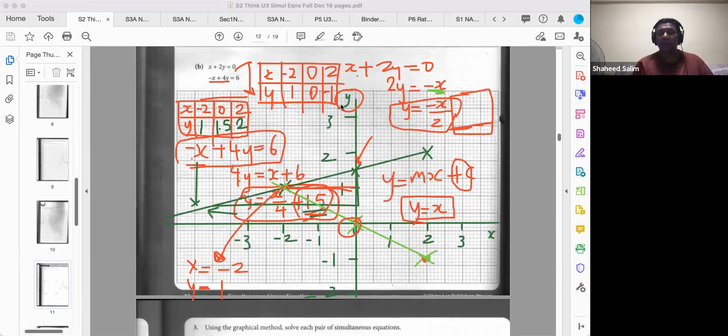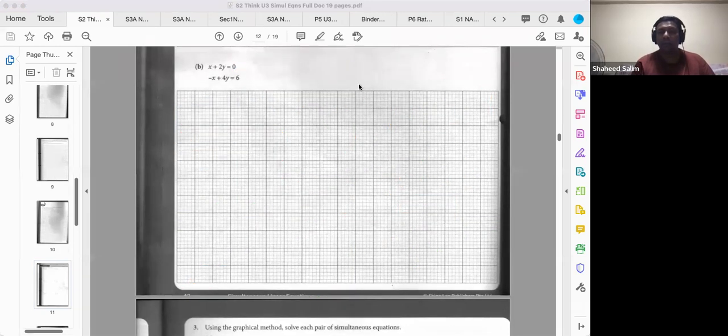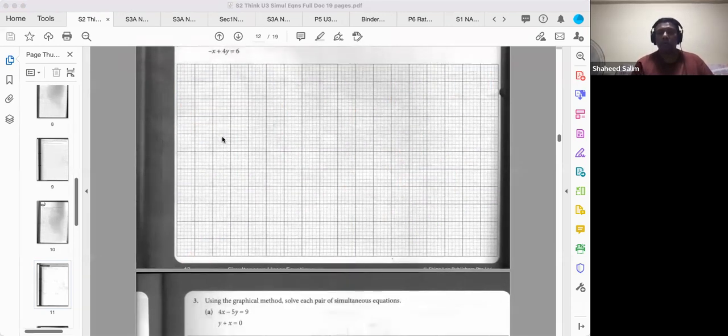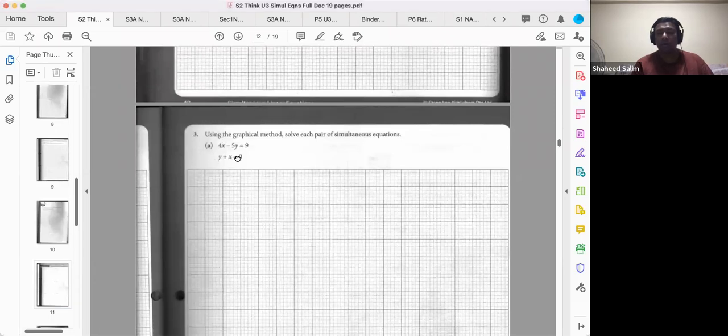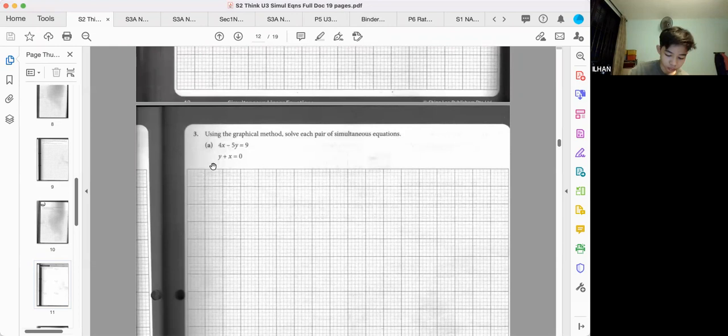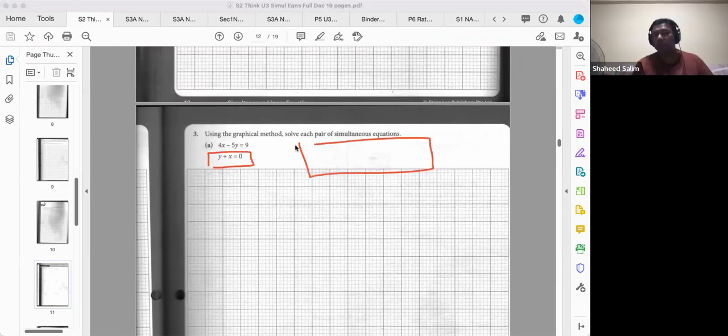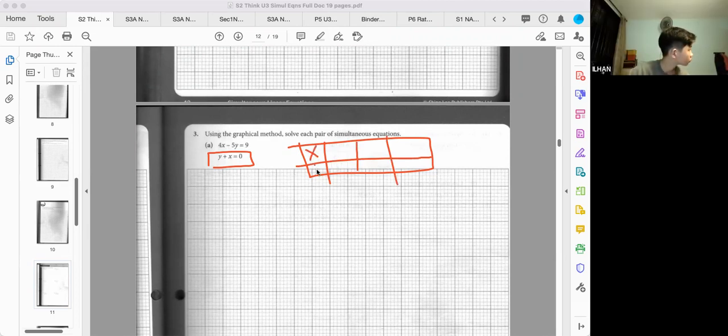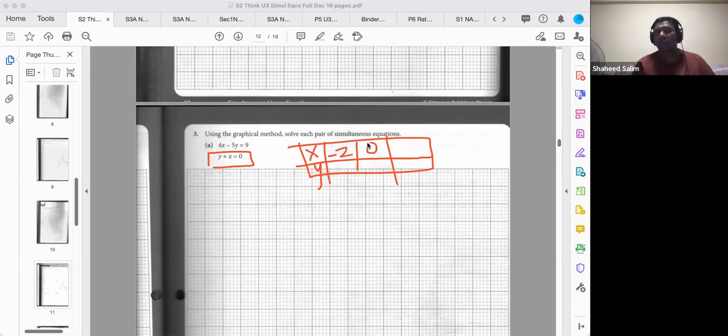Can you write this one here? What are the coordinates? You do a table. Why did you use 3 points? Actually, 2 points is okay, right? This is a straight line. The third point is like checking now.